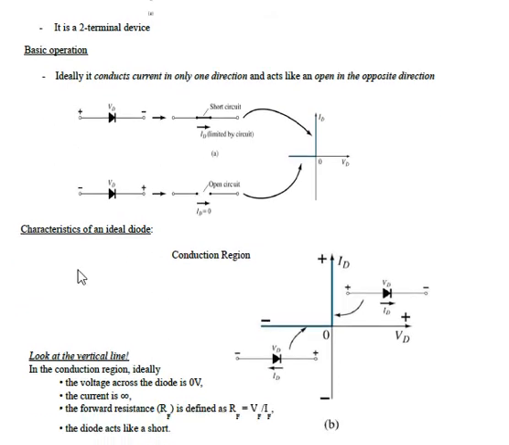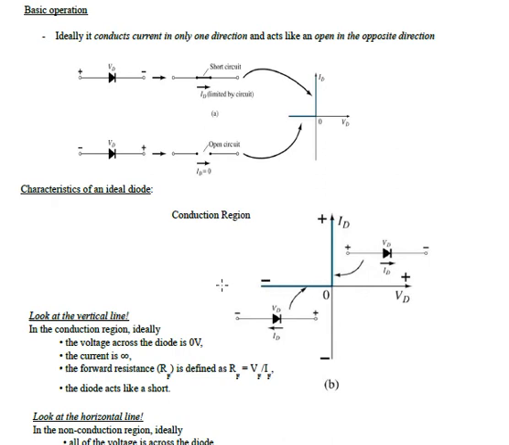Okay, so the characteristic of an ideal diode. We have here what we call the conducting region. As I said earlier, if we have a forward biased diode, the current conducts freely from one terminal to the other.